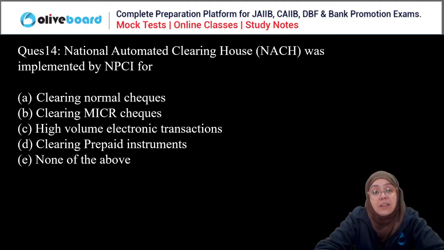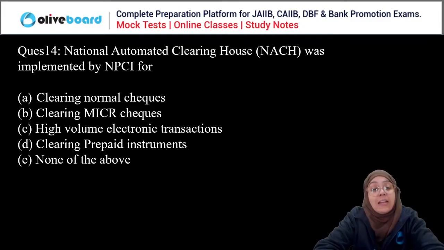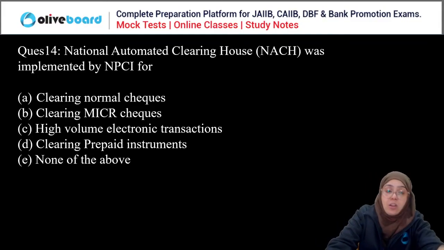National Automated Clearing House, NACH, was implemented by NPCI for which of the following purposes? Clearing normal checks, clearing MICR checks, high volume electronic transactions, clearing prepaid instruments, or none of the above?